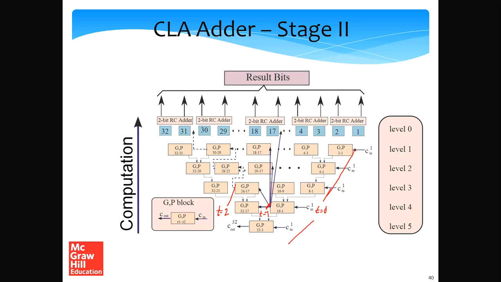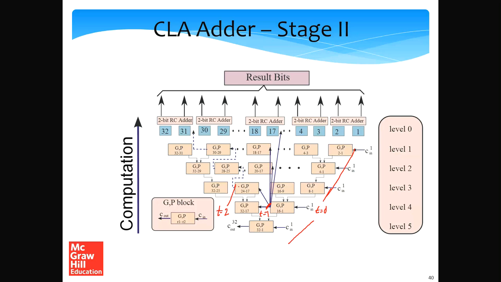Then at t equal to 2, we are at this point where we know the carry out of the 24th bit pair. So this GP block is connected to all the other blocks which, so always we will connect something which is higher on the screen and whose level is lower. So that's the way that we'll proceed.